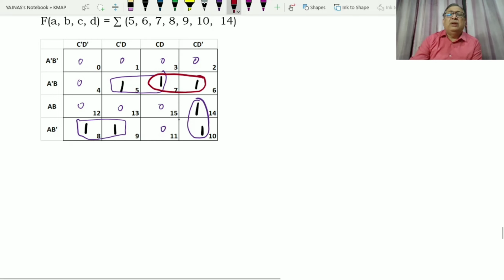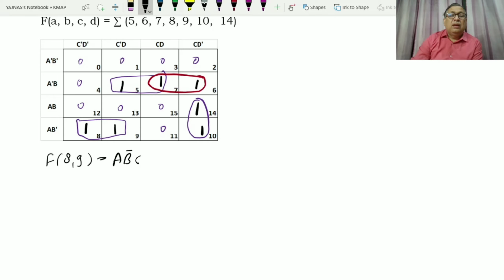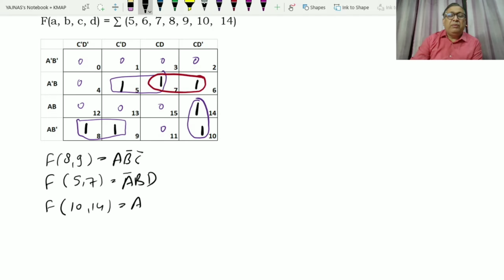So one possible answer: 8, 9 will give you A B bar from the left, and from the top C bar. Then 5, 7: from the left I can take AB... sorry, A bar B, and from the top of 7 and 5 I can take D. Then 10, 14: from the left I can take A, and from the top CD bar.